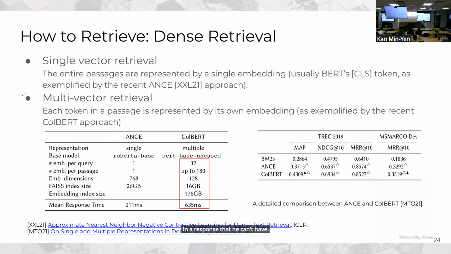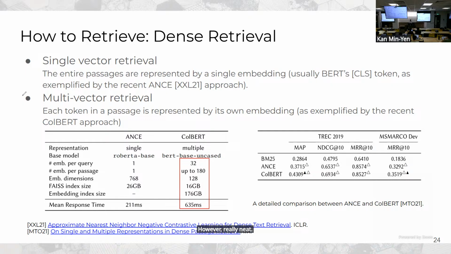On the right-hand side, if you look at the performance in terms of either nDCG or MRR, we can see that multi-vector retrieval methods like ColBERT have better performance. So sometimes we have to make a balance and make a choice according to our real needs.